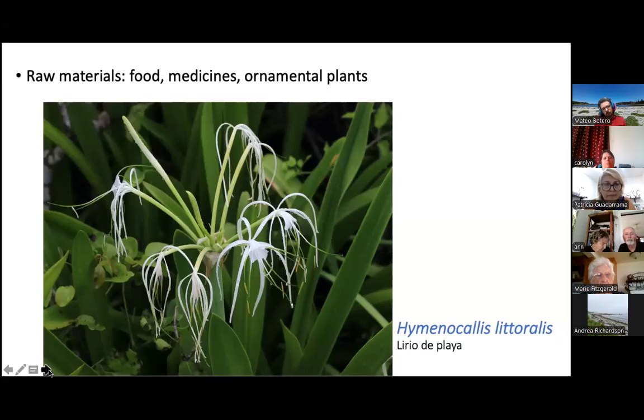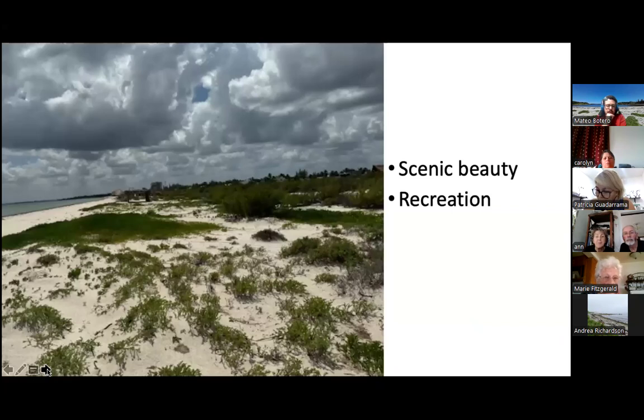Additionally, some dune plants are so beautiful that they are used as decoration and raw materials, food, and medicine too. In this case, you can see Hymenocallis littoralis. It's a beautiful plant in dunes. They are also important for beauty and as recreational areas.